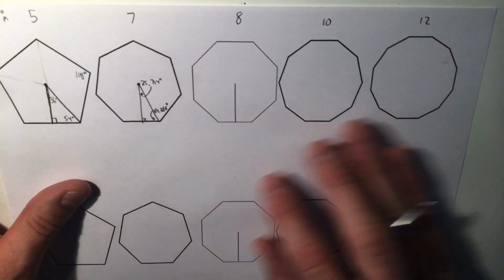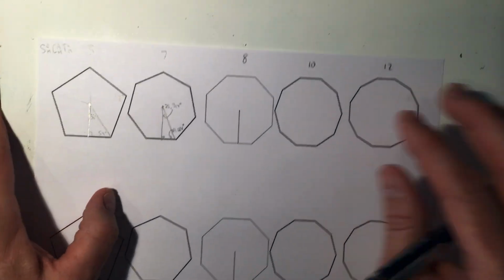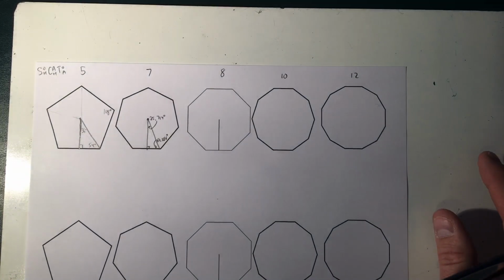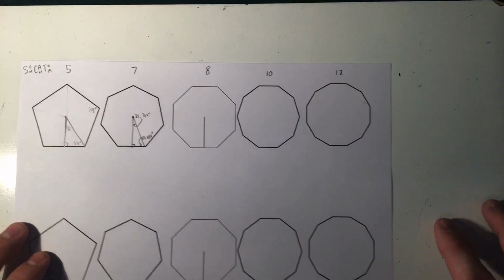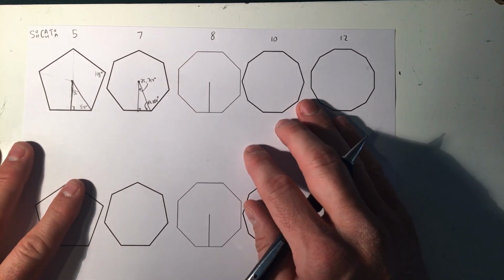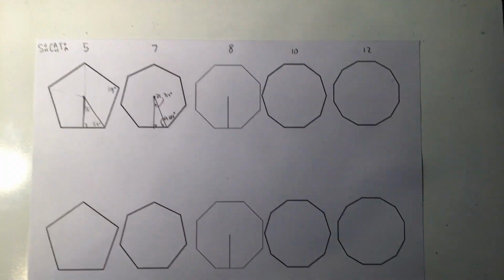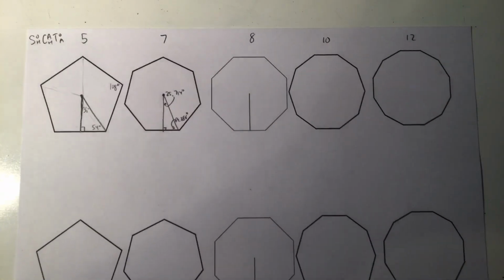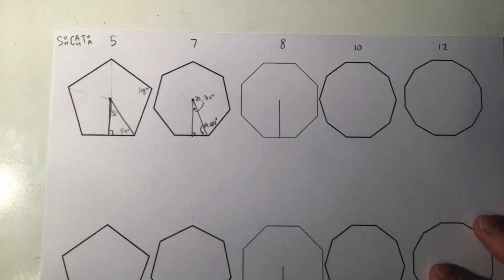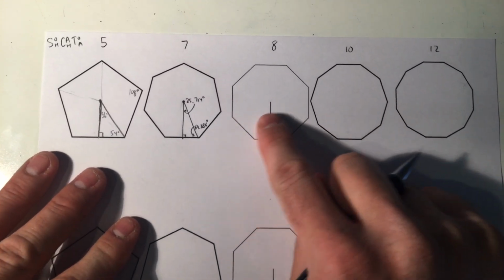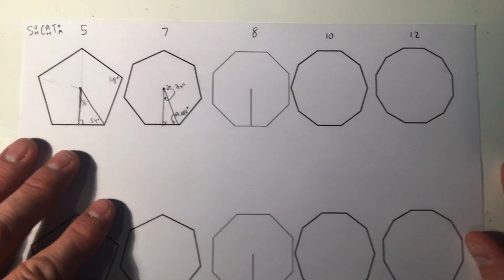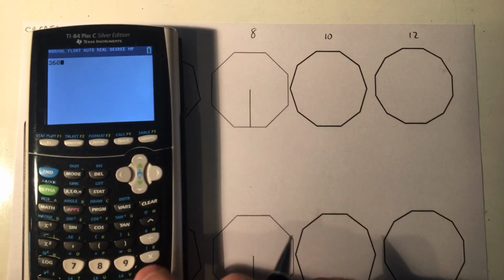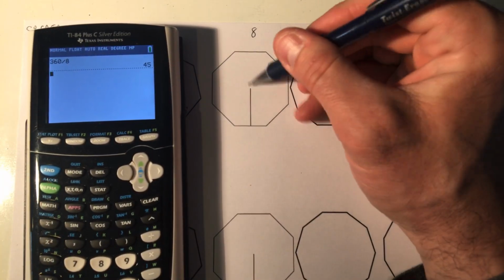Now, octagons. I'm going to leave these all up so you can see them. Octagons are great because we know that we've got 8 sides and 360. 360 divided by 8, I guess I'm using this method because I like it, is 45.